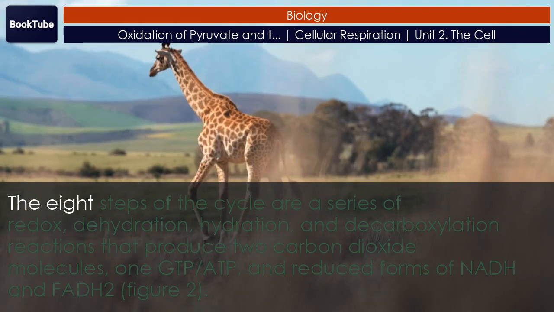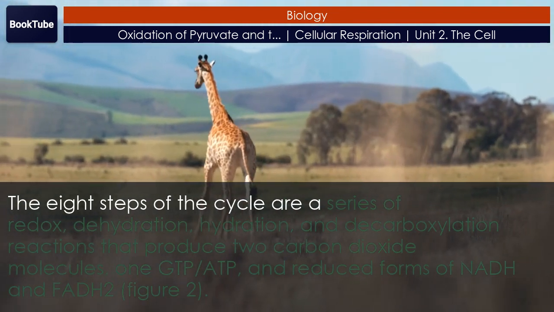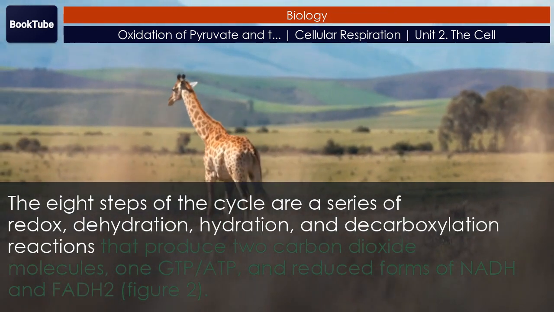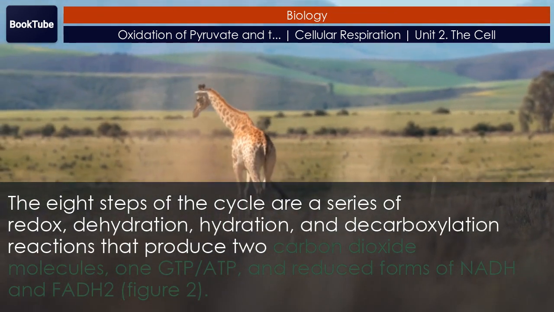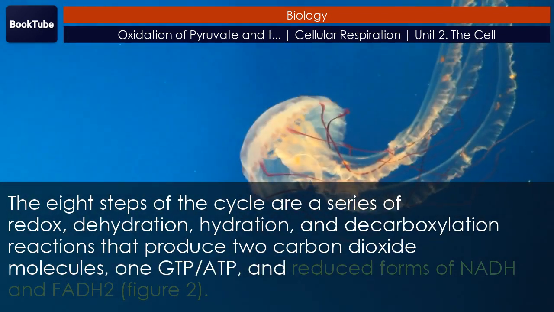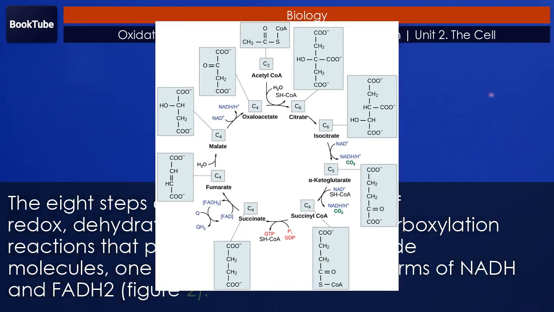The 8 steps of the cycle are a series of redox, dehydration, hydration, and decarboxylation reactions that produce 2 carbon dioxide molecules, 1 GTP/ATP, and reduced forms of NADH and FADH2. Figure 2.